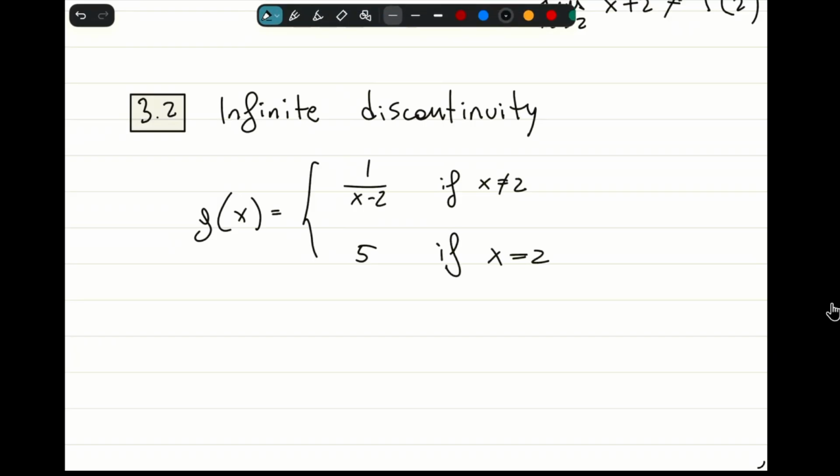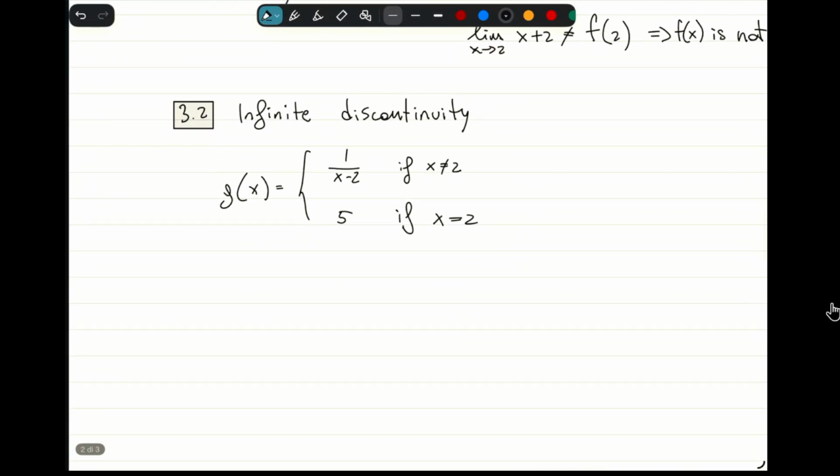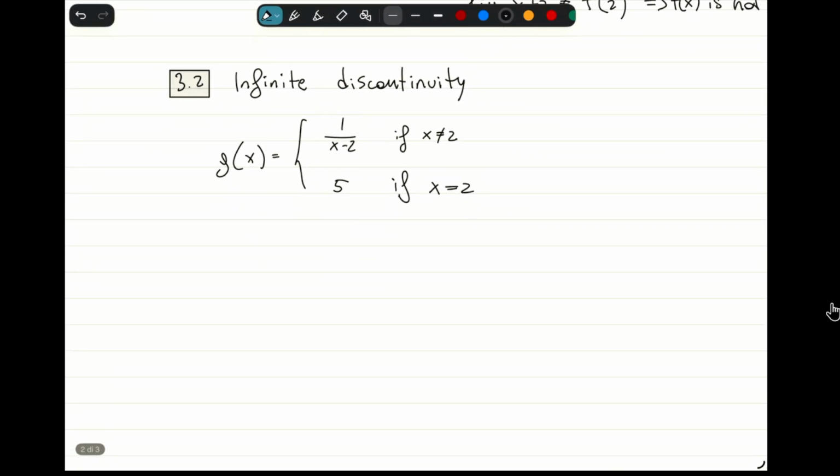So again, the 2 does it. So I'll tell you right away, we have a horizontal asymptote at y equals 0. We'll define also horizontal asymptotes in the next lecture. And okay, so finally, we can look at another example.